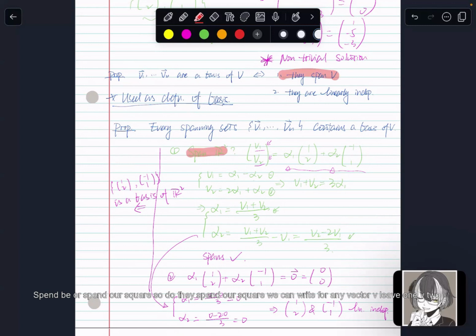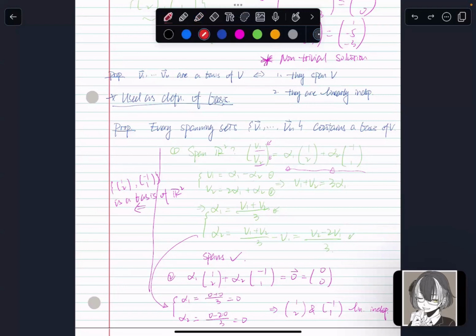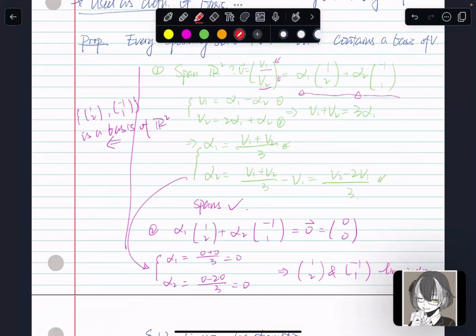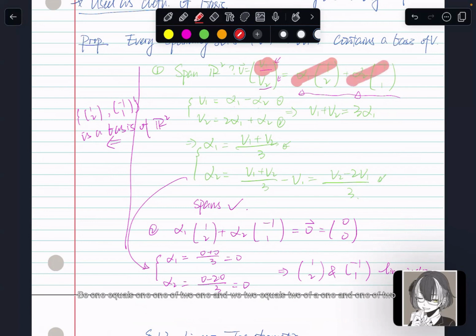We can write for any vector V, with components V1, V2, span means we are able to find alpha 1 and alpha 2 such that if we do the linear combination, we get any vector V. Right, now we write V1 equals alpha 1 plus alpha 2, and V2 equals 2 alpha 1 plus 1 alpha 2.